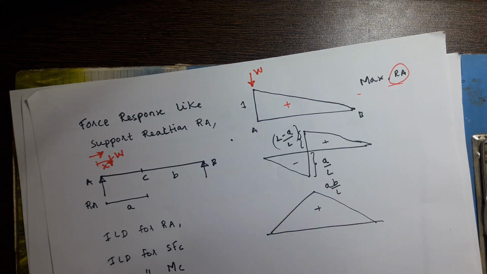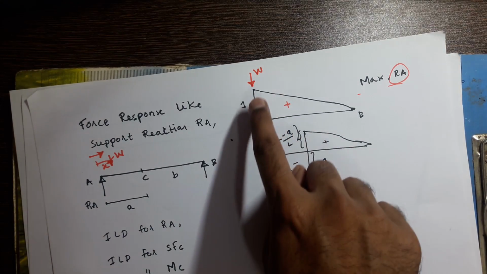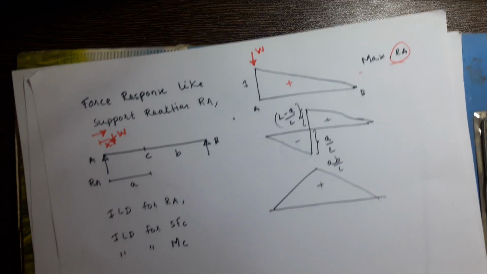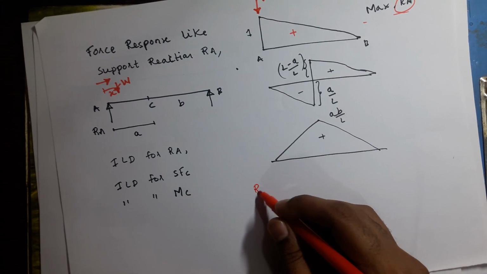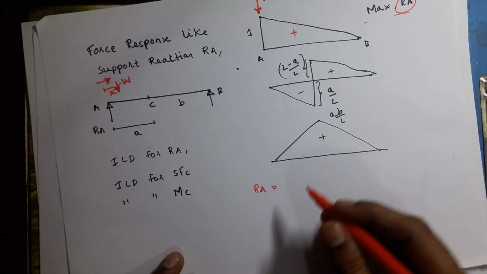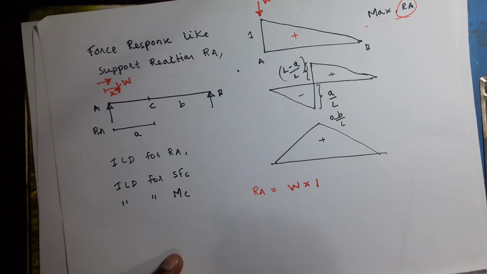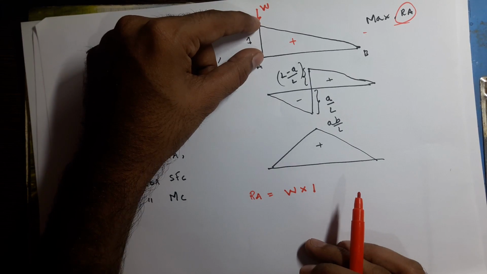So where you have maximum ordinate, at that point you have to place the load so as to get maximum RA. And how can we calculate RA here? RA equals directly W into 1, because here ordinate is 1.